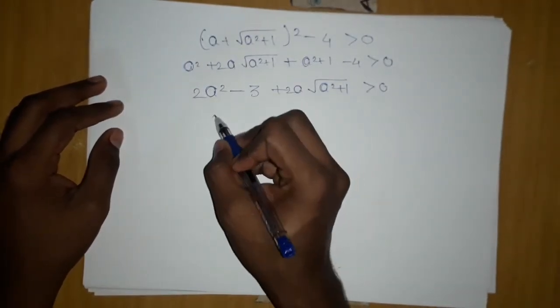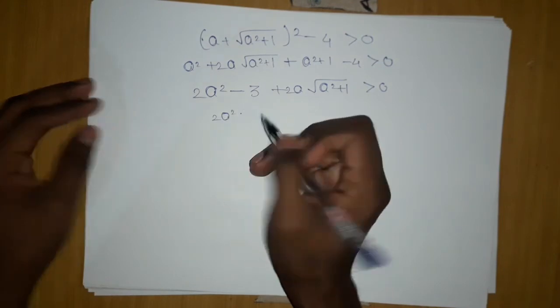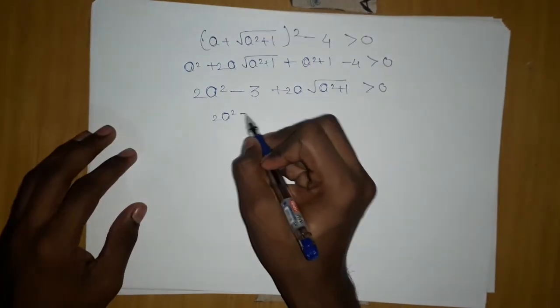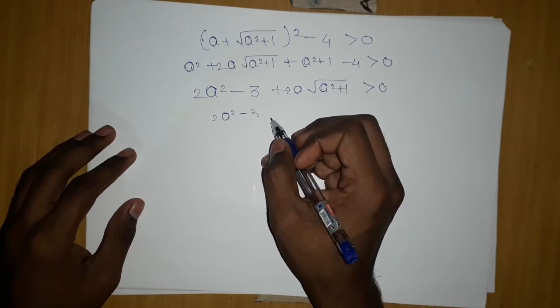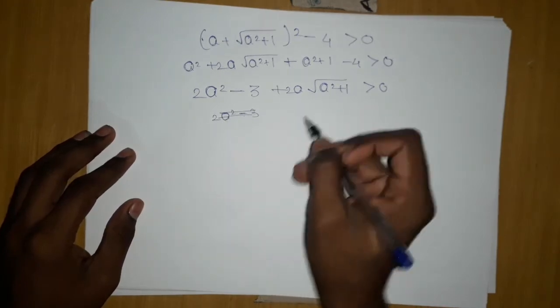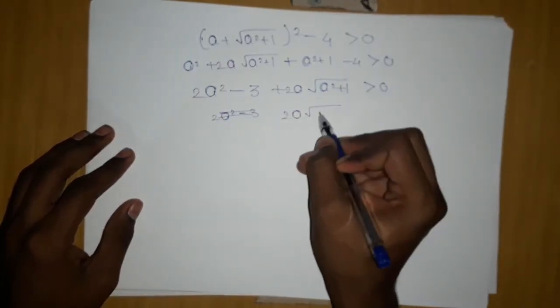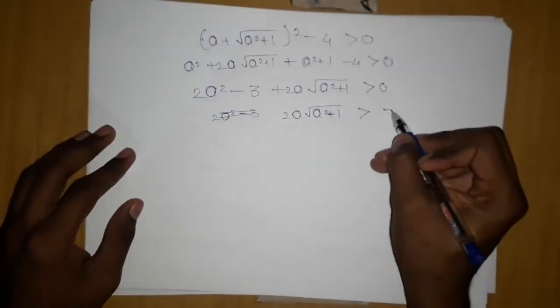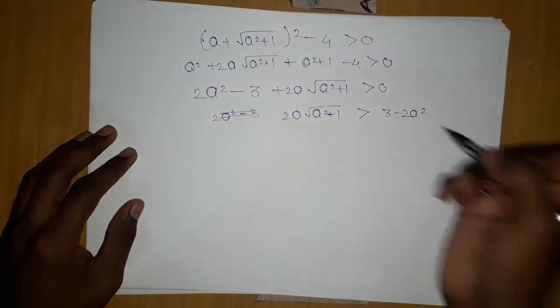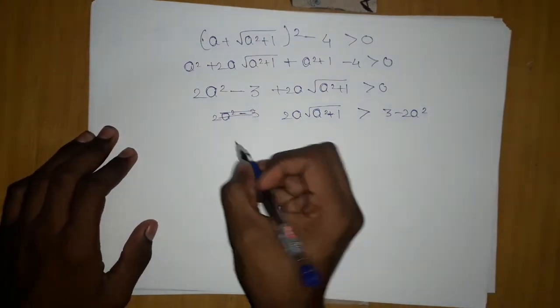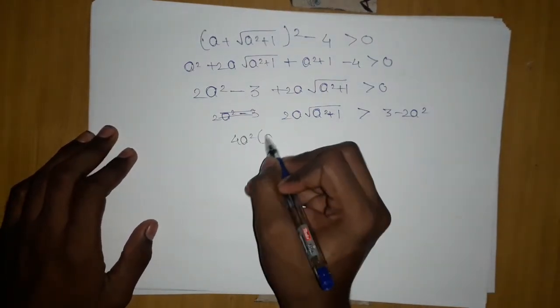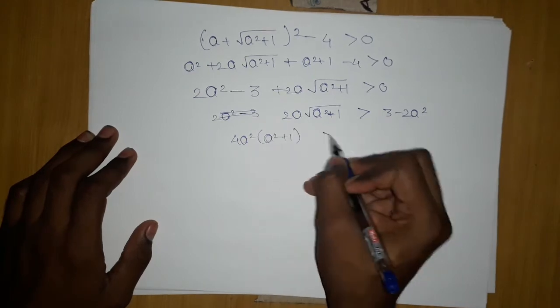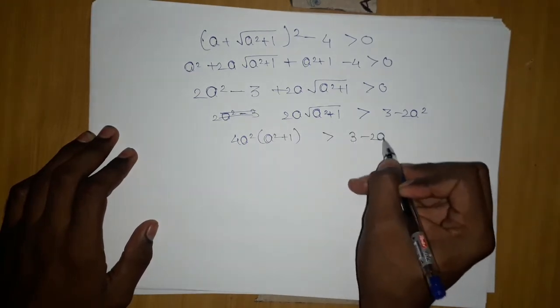So 2a square minus 3, let's move that side. 2a times under root a square plus 1 is greater than 3 minus 2a square. If I square it, I get 4a square into a square plus 1, which is greater than 3 minus 2a square.